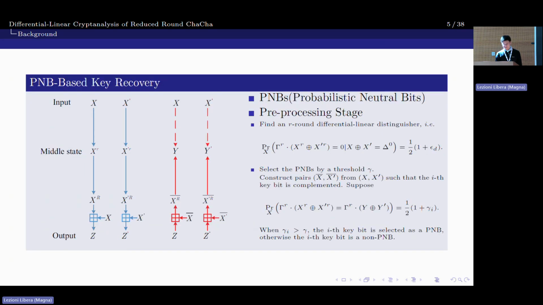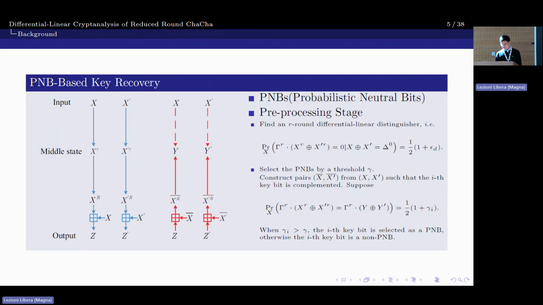Let's introduce PNB-based key recovery. This technique includes 2 stages. The first stage is a pre-processing stage. We find an R-round differential-linear distinguisher.